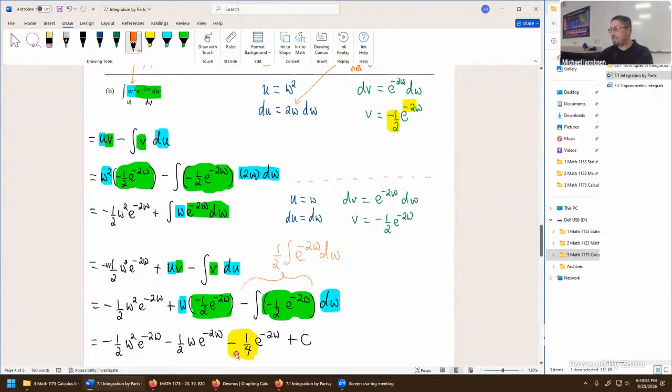But again, you have to carefully track those negative signs. They can get kind of unruly in the end. So that's our total answer. You don't have to do anything fancy to this. You don't have to find the least common denominator or factor it at all. If you leave it in just that format, I'm pretty happy with it. Some people have a strong urge to factor out e negative 2w, but that's completely your call.